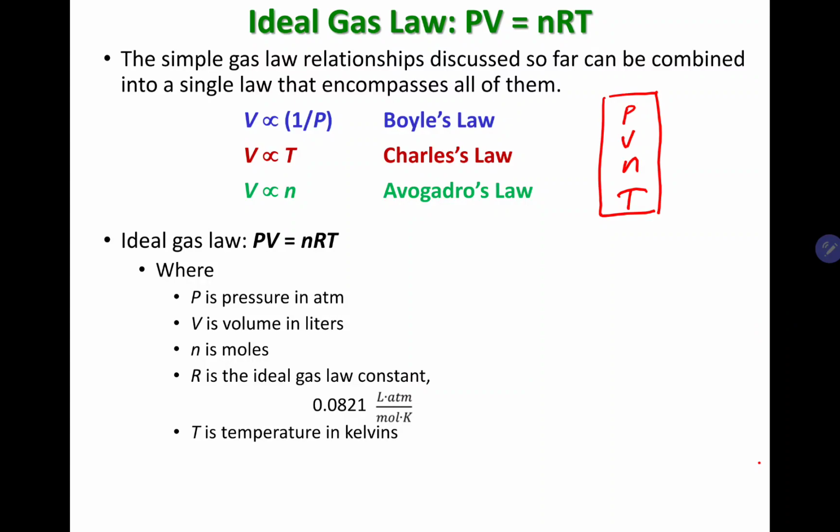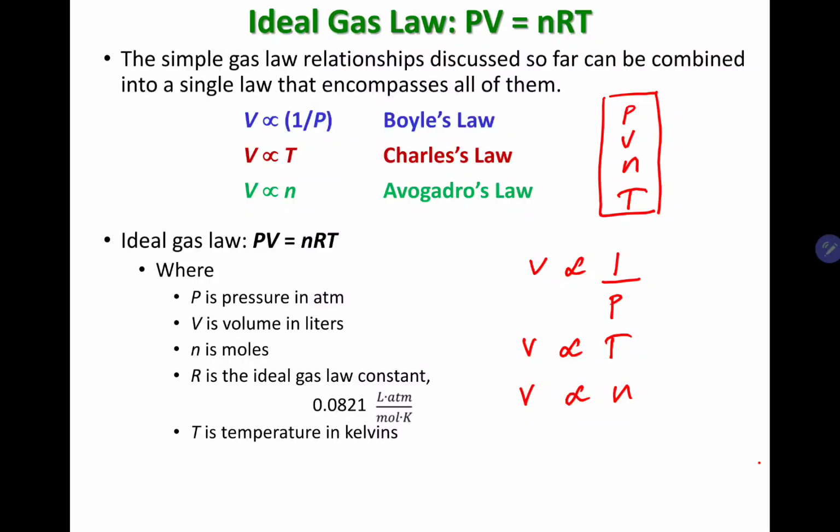To derive the ideal gas law, you can use Boyle's law, Charles' law and Avogadro's law. According to Boyle's law, volume is inversely proportional to pressure. According to Charles' law, volume is proportional to temperature. According to Avogadro's law, volume is proportional to the number of molecules of a gas.